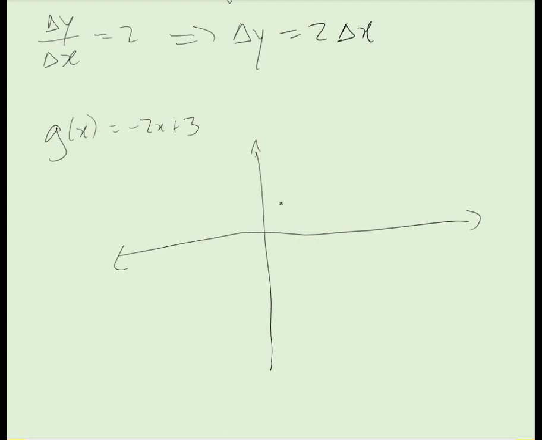Similarly, 3 is still the intercept, but now 1 unit in the positive x will have to correspond to 2 units in the negative y, and then another 1 unit in the positive x will be 2 units in the negative y. That will be our next point, and you can just continue this process.